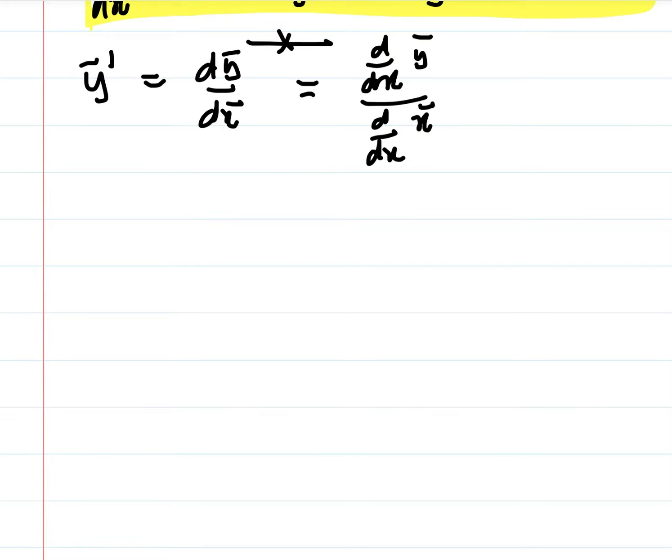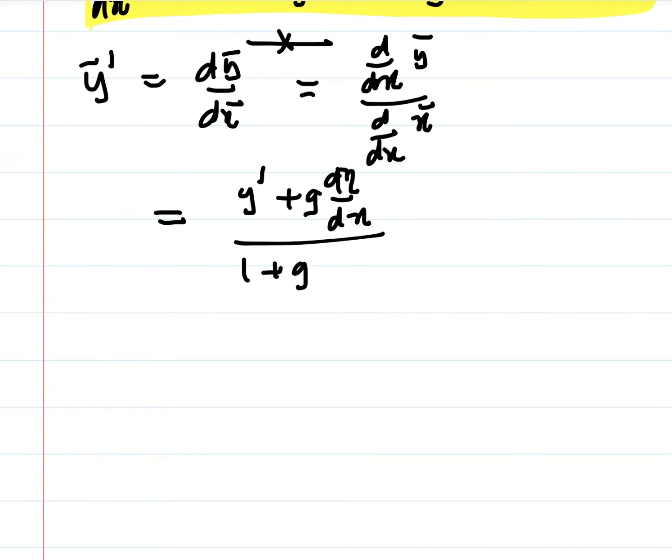So this is then equal to the derivative of y bar, which is the derivative of y with respect to x totally, plus g times the derivative of eta with respect to x. If you differentiate x bar, you get the derivative of x with respect to x, which is 1, plus g times the derivative of xi with respect to x.